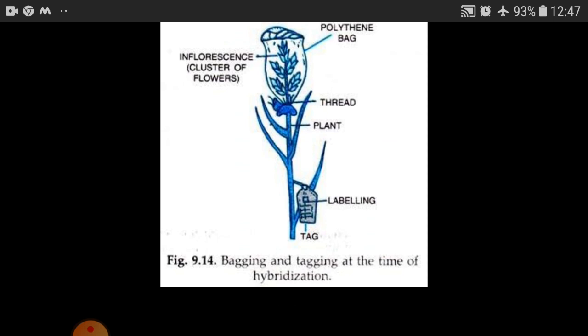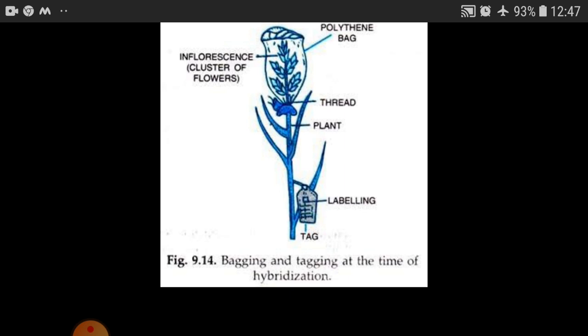But if the female parent has only unisexual flowers, then one step can be skipped, that is emasculation, because there are no anthers present in the flower, so we don't need to emasculate it. They are to be bagged before the flowers open. That means we bag them in the immature condition, in the bud condition only. We put the bag on it, and when they become receptive, then we pollinate them and then we rebag them.